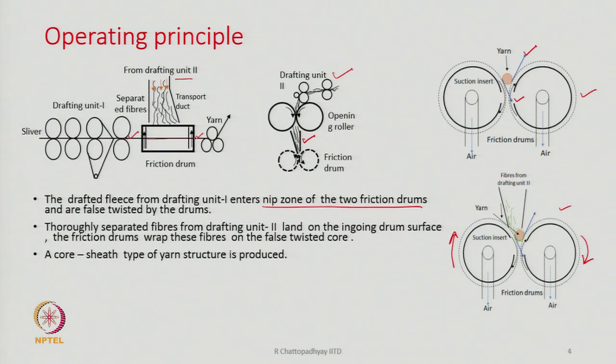Now, if the false twist is removed, obviously then there is no strength in the bundle. So, before the false twist is removed, we introduce fibers from drafting unit 2. These fibers will come, land at the nip of the friction drums, and they will start wrapping around. It is shown here by the green lines.